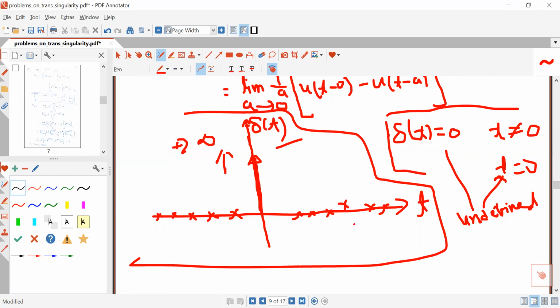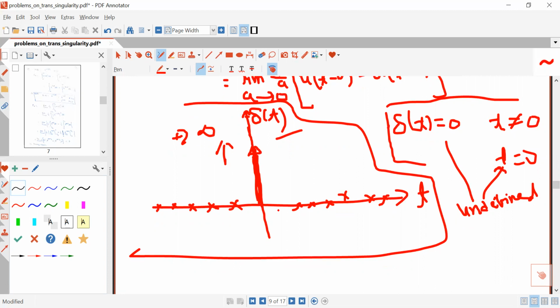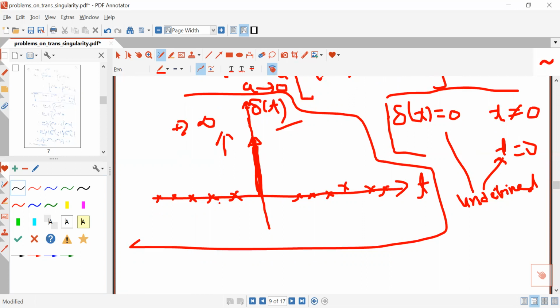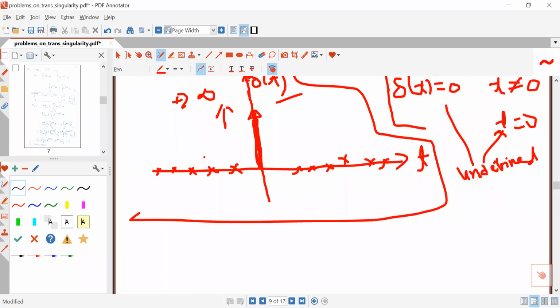And what will be the area under this signal? As you are reducing the width of the rectangular pulse by keeping the area equal to unity, the area under the rectangular pulse of width 0 and infinite amplitude will be equal to 1.